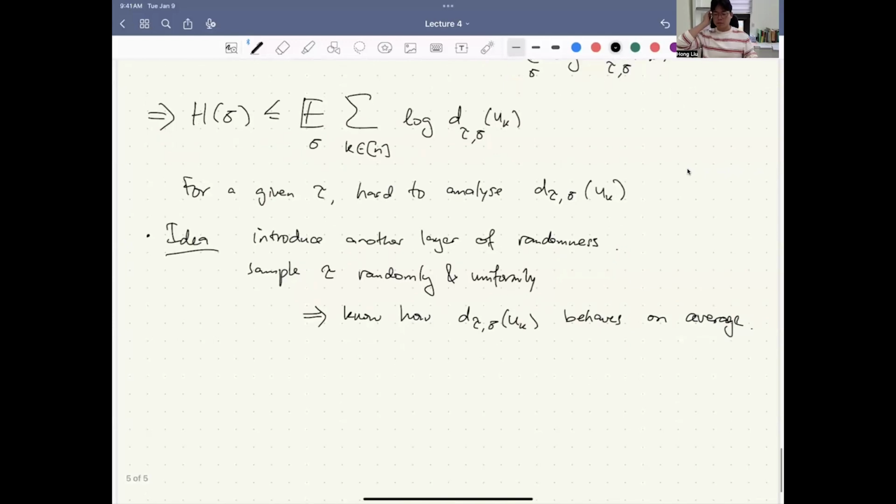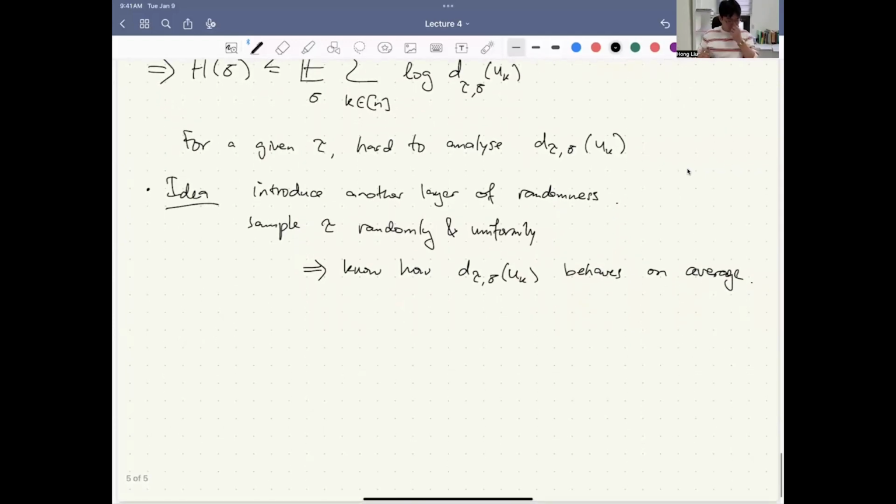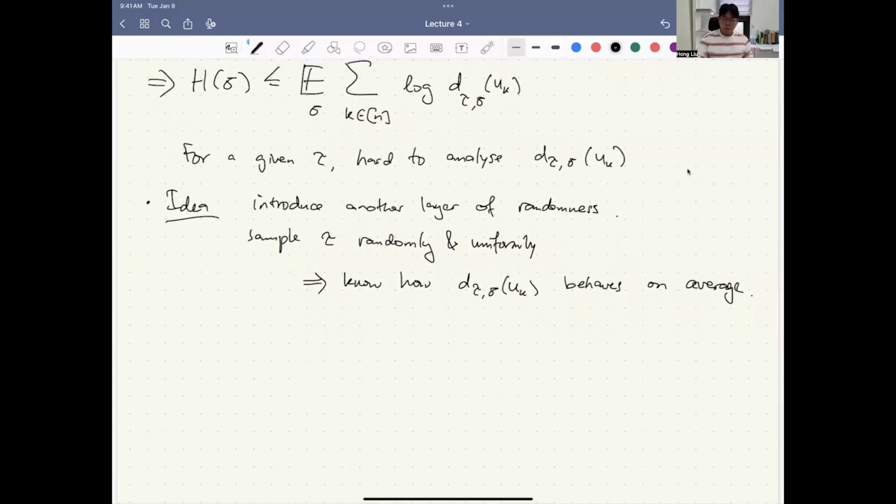All right, so let's carry out this idea. Now let's fix a sigma and try to randomly and uniformly sample tau.